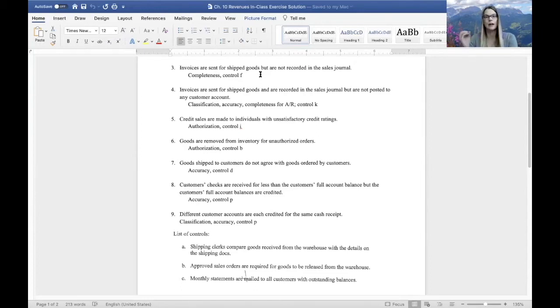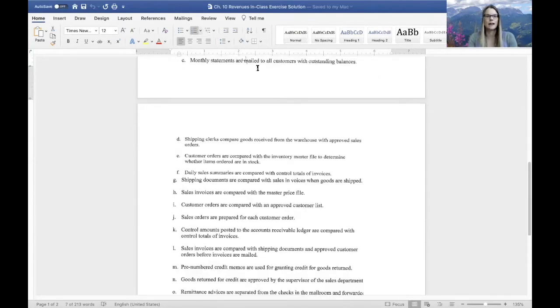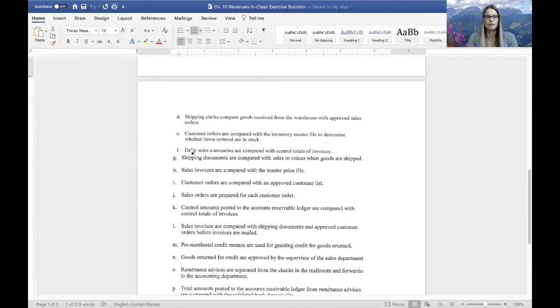So this actually is the control we were just looking at, Control F, which was comparing the invoice totals to the totals in the sales journal. That's what we want to see, because the issue here is invoices don't match what's in the sales journal. So I want a control that compares these two things, which is exactly what Control F does.